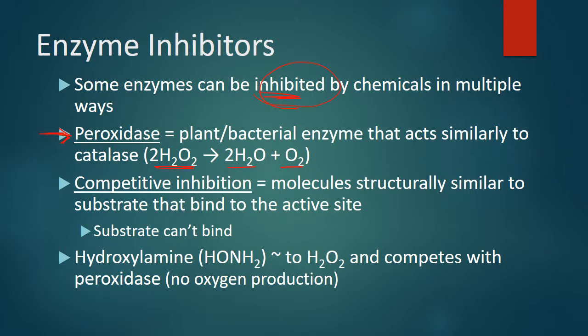Competitive inhibition means that the molecules are structurally similar to the substrate that binds to the active site, so the inhibitor competes. Let's say we have our Pac-Man enzyme, and a substrate that fits like this. Let's say it's a long triangle, and this is our inhibitor.